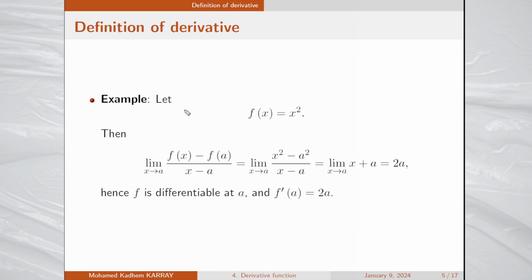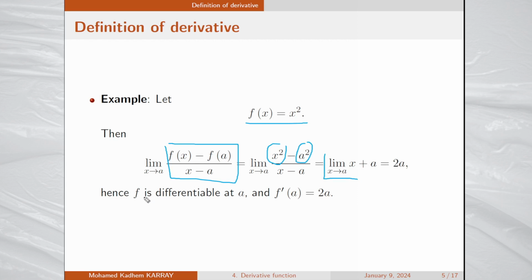Here is an example. Consider the function f which is equal to x squared. So let's try to calculate the limit of this ratio here. We replace f of x by x squared, f of a by a squared, and by a remarkable identity, this ratio here equals x plus a, and the limit of this sum when x converges to a is 2 multiplied by a.